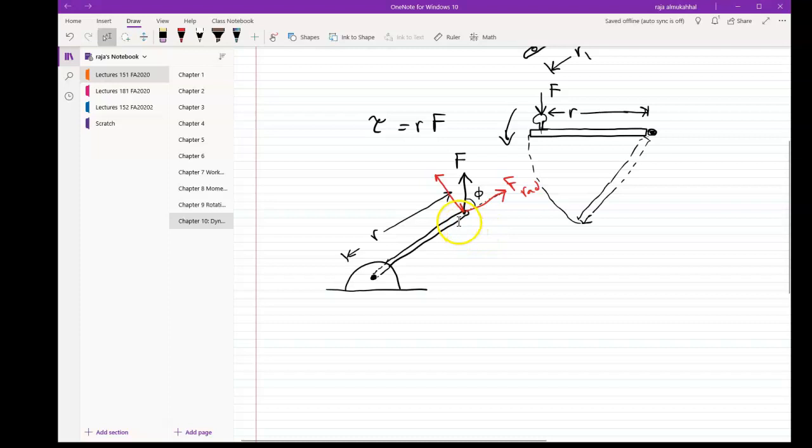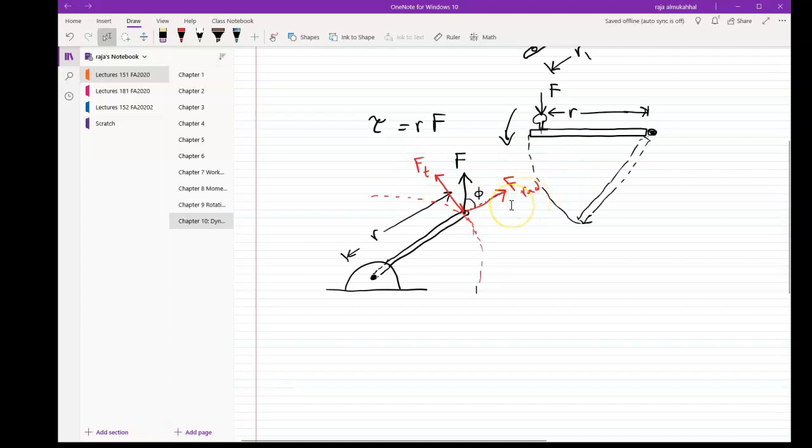The one that actually moves it is this component, and we call it the tangential component, F sub t, because this is the motion of the handbrake. So the one that is causing the torque is F sub t, not F sub radial.